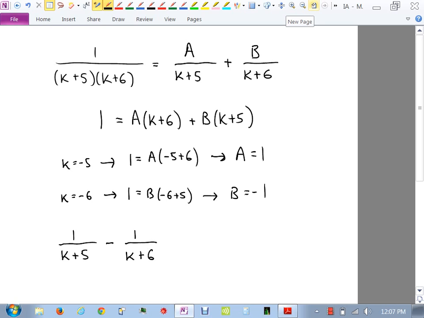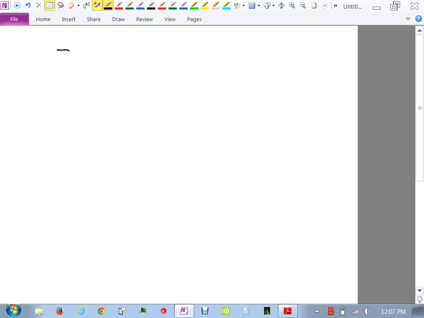Let me go back to my series then. My series now looks like this. Sum k equals 1 to infinity of 1 over k plus 5 minus 1 over k plus 6.